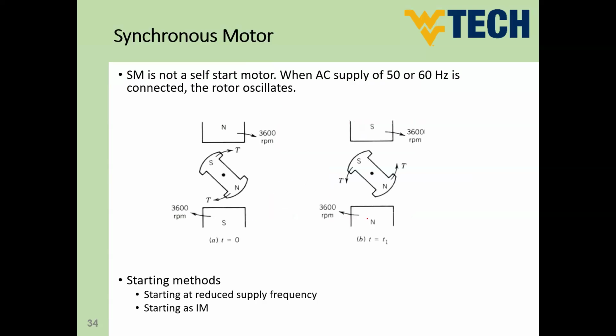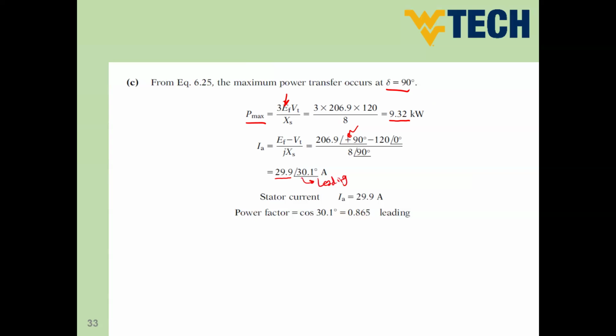Now we need to calculate the reactive power. This part is not mentioned here. So you can say again, Q equals root 3 V line, I line, sine phi. So this would be root 3 times V line, which is 208, times I line, which is 29.9, times sine the angle phi, which is 30.1.